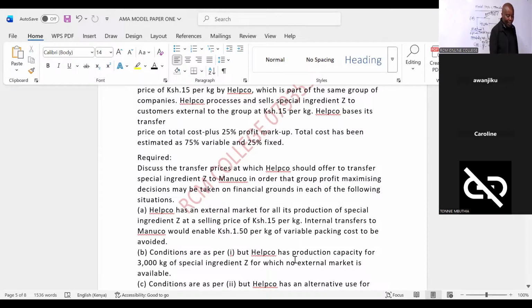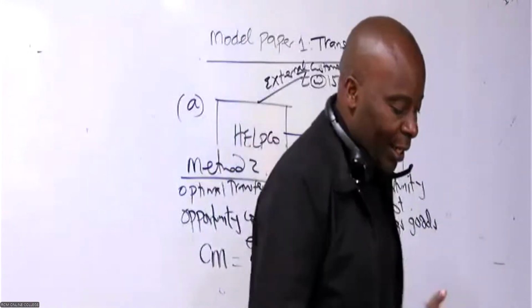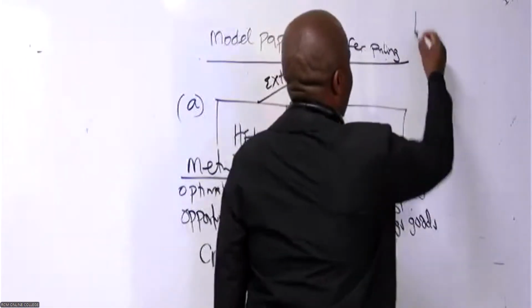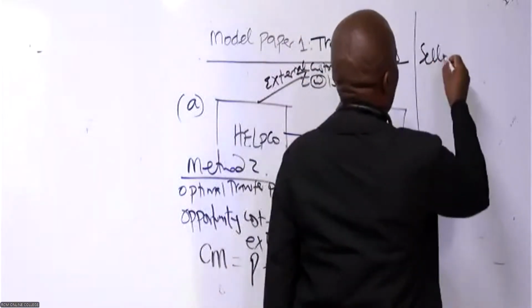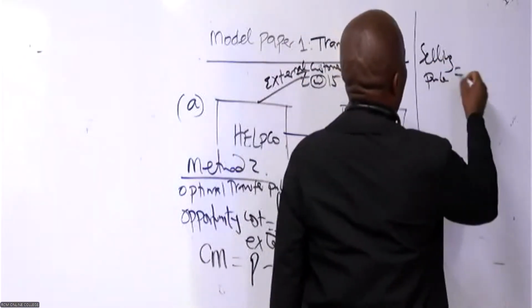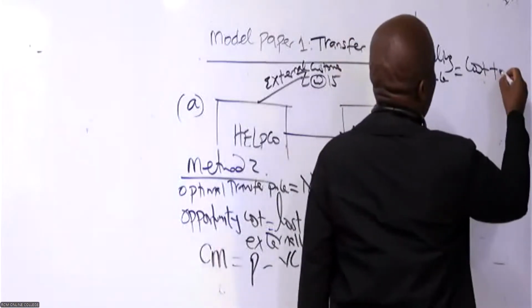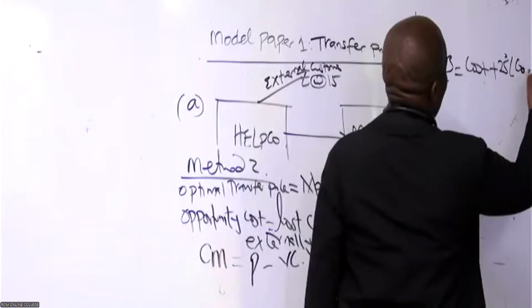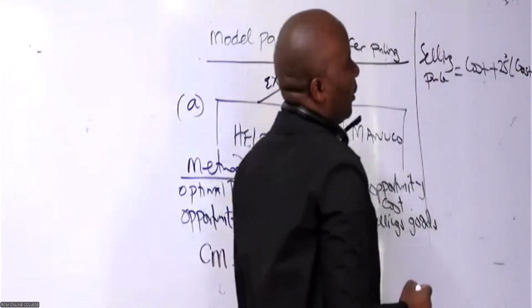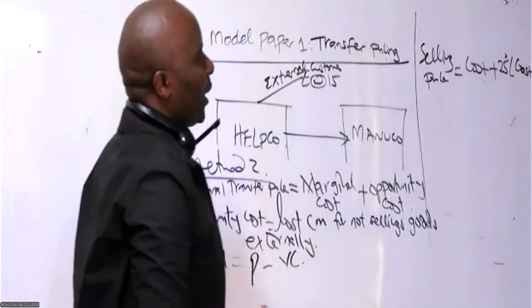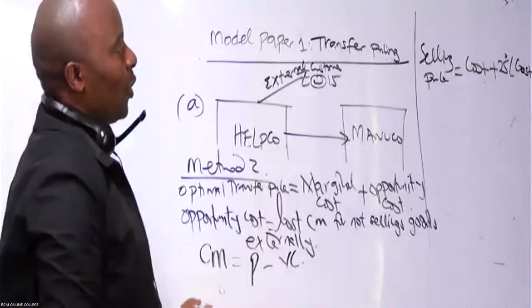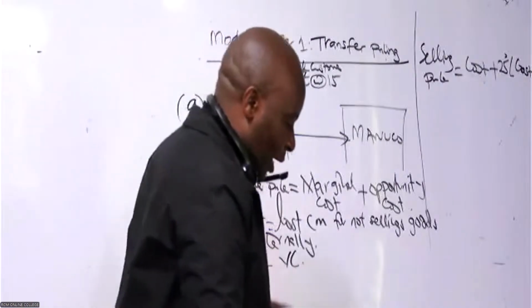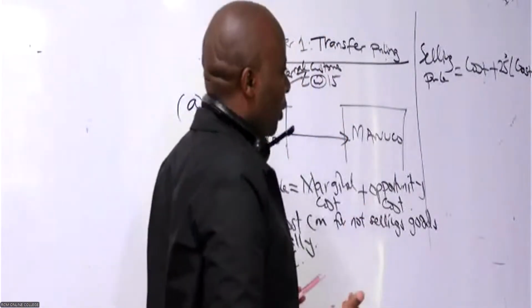Anytime we are getting selling price, we take the cost that we incurred plus 25% markup on cost.